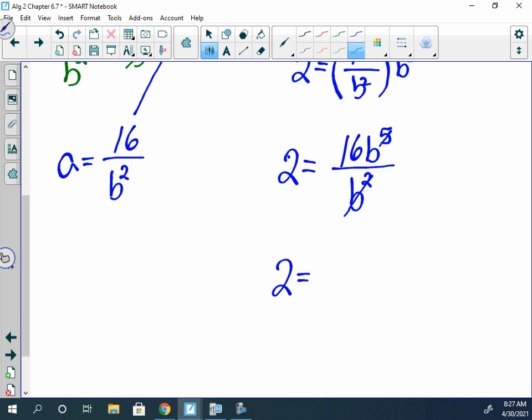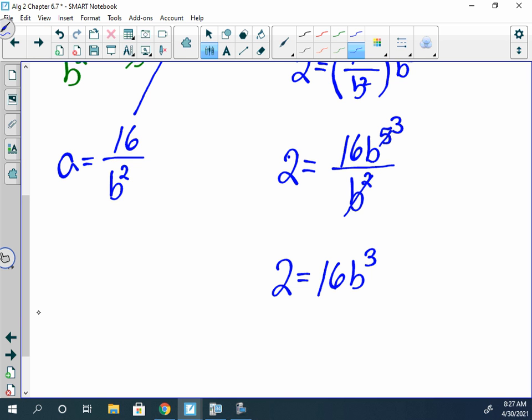And 2 of these here will cancel out with 2 of the ones on top, leaving us with 16b to the 3rd. Any questions on any of this here? Any questions on anything we've done so far?